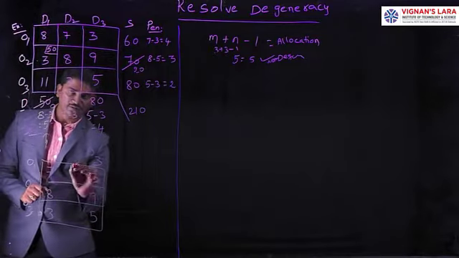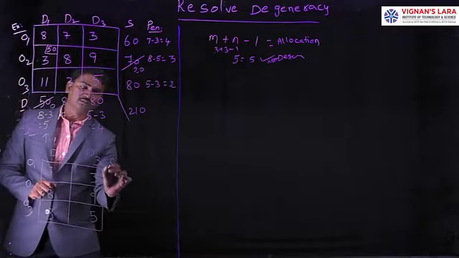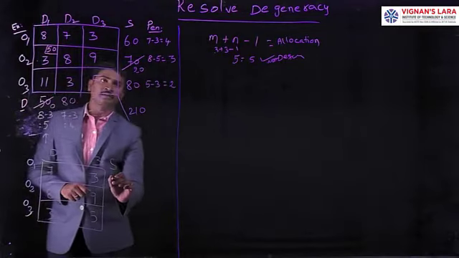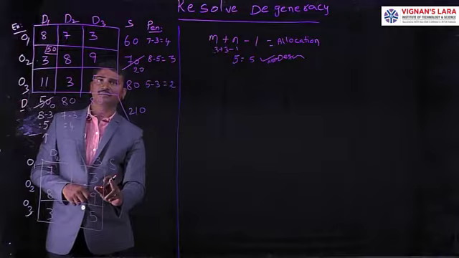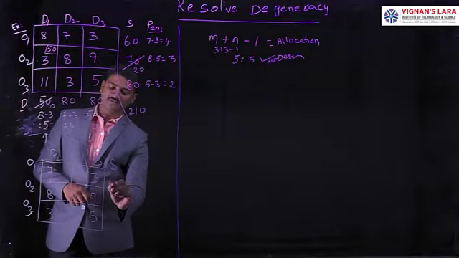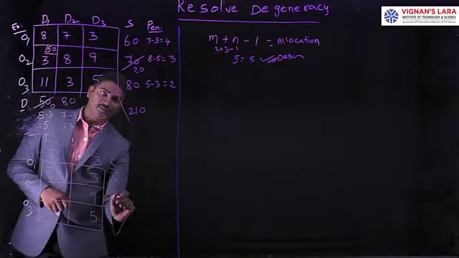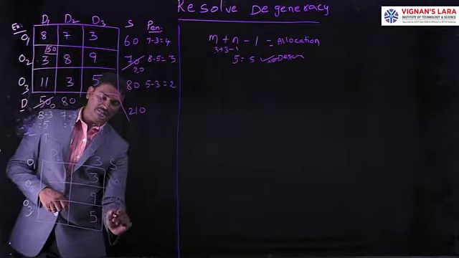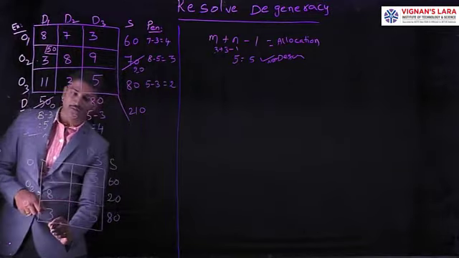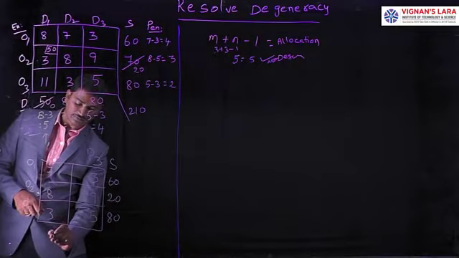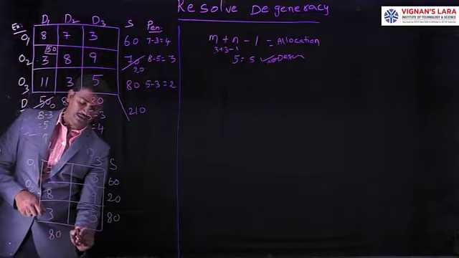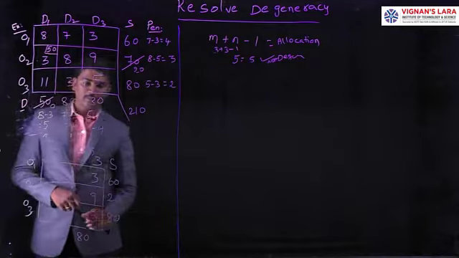Next, coming to the supply, what are the supply units? 60 at the first row, then the second row 20, third row 80, and the demand 80. Again we are going to calculate the penalties.